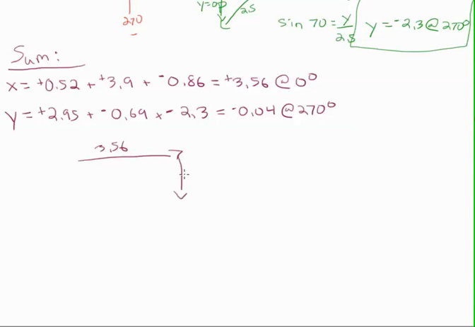So we can find the magnitude with the Pythagorean theorem. And you get that it's 3.56022247. And we should have realized that it was going to be pretty much the same number because this is so very small. So for our theta, we'll do tangent.